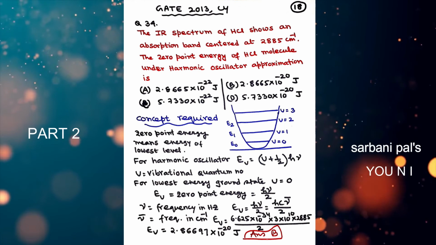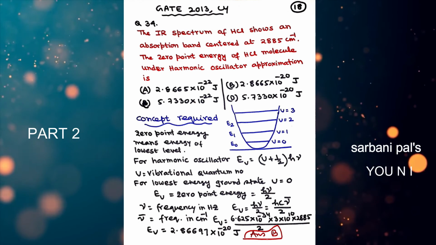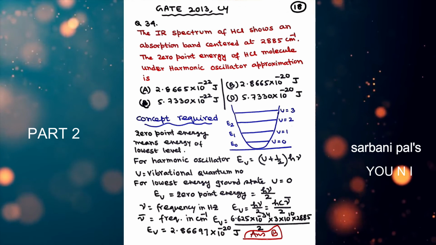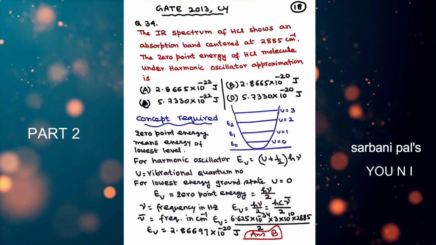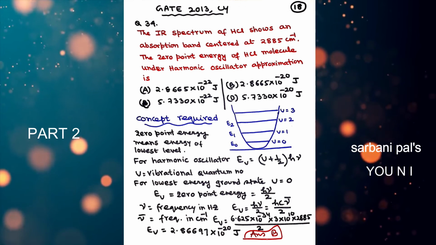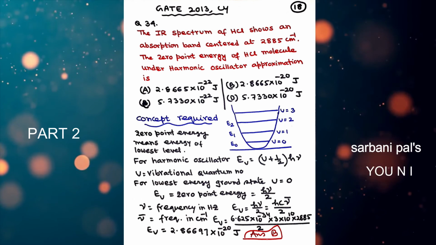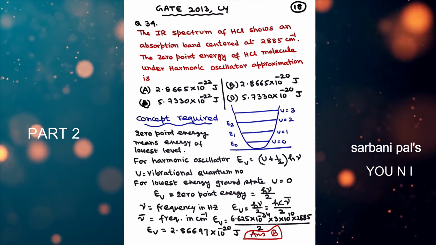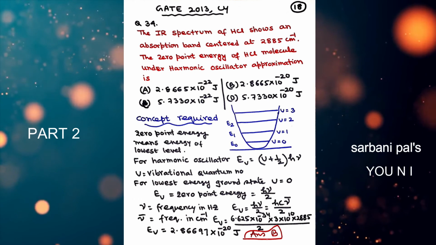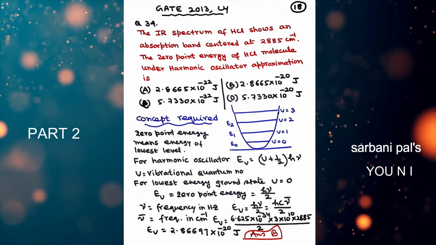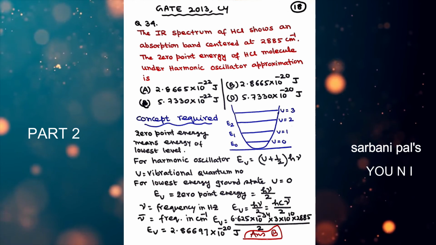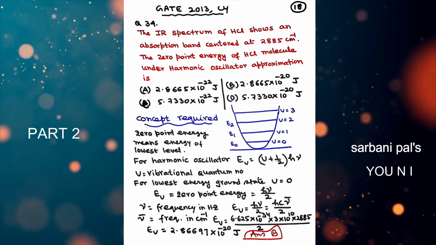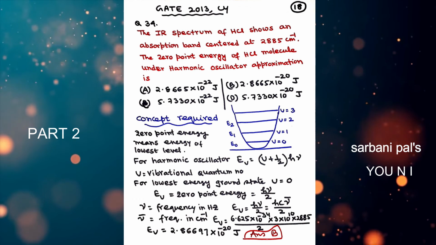Based on that, the harmonic oscillator will have the energy expression E_v is equal to (v plus half) h nu, where v stands for the vibrational quantum number of each vibrational level. If we put all these values of the vibrational quantum number, we will get the energy of that particular level.